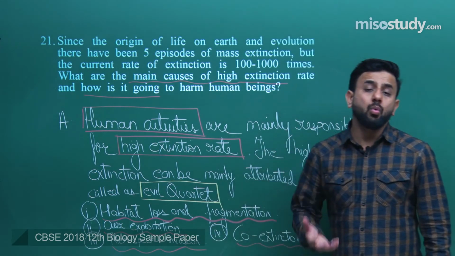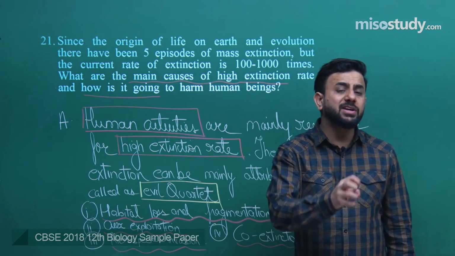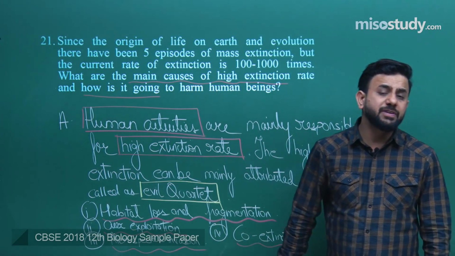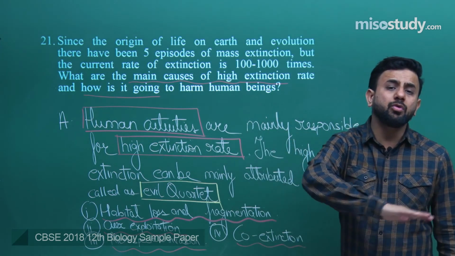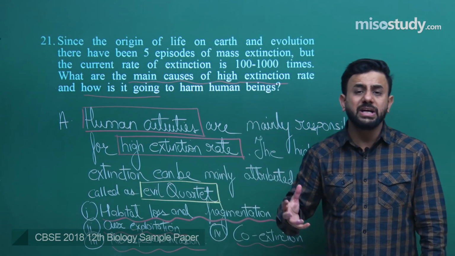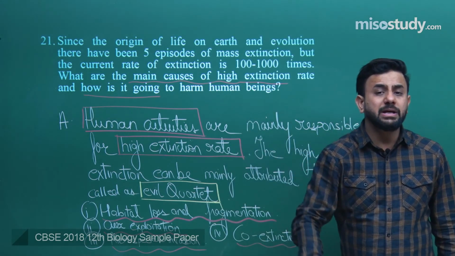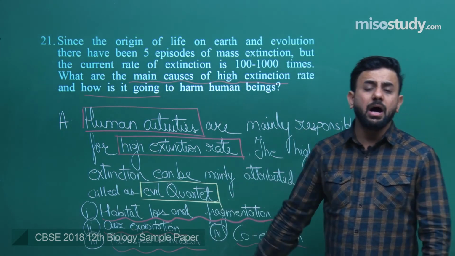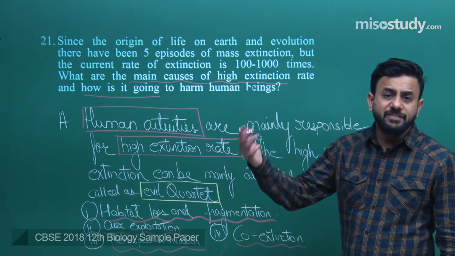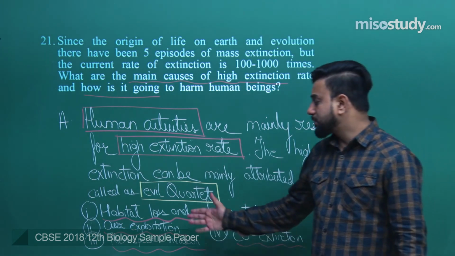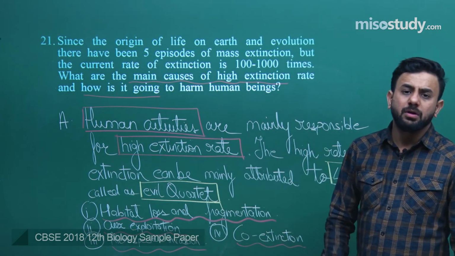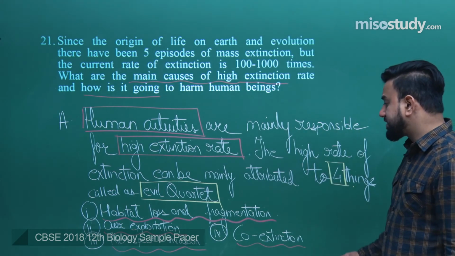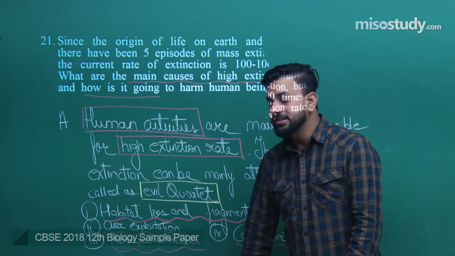Overexploitation. Again, we are cutting down the forest. We are using the agricultural field for our use. We are removing the natural things for building architectural structures, for building factories and companies. We are exploiting it, right? The third one is the alien species invasion.